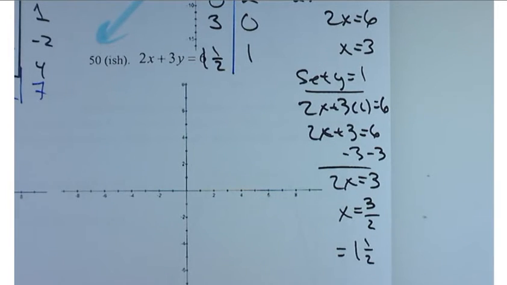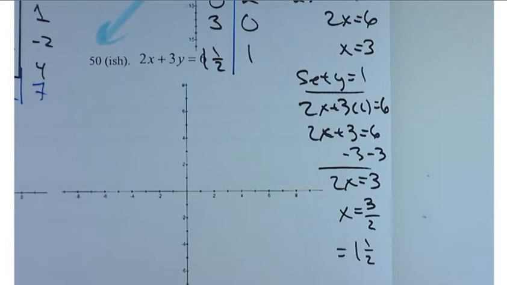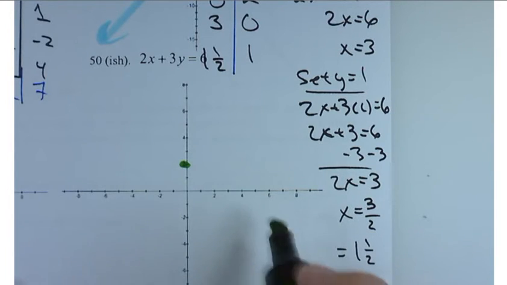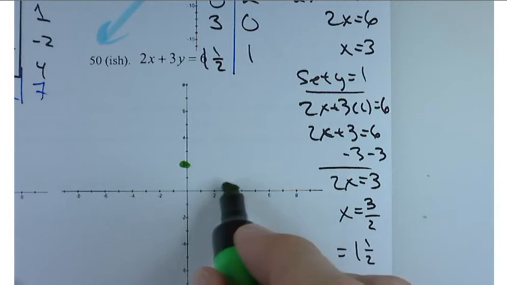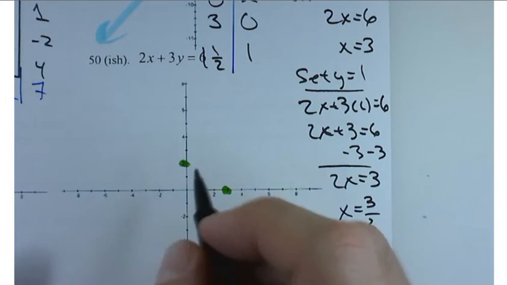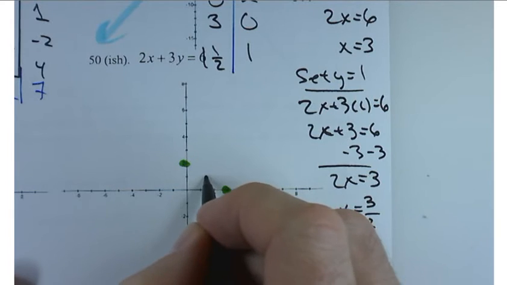Let's plot these points. 0, 2 is up here. 3 and 0 is right here. And then 1.5 and 1 is about there.